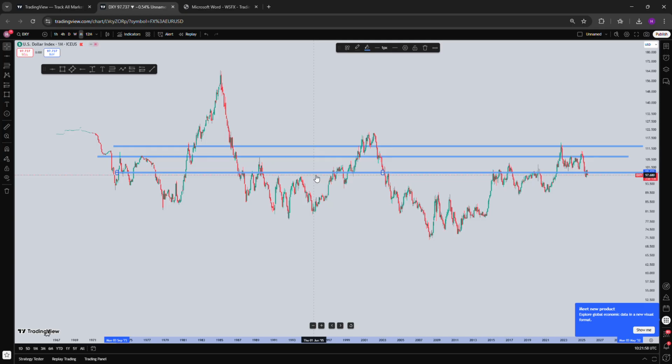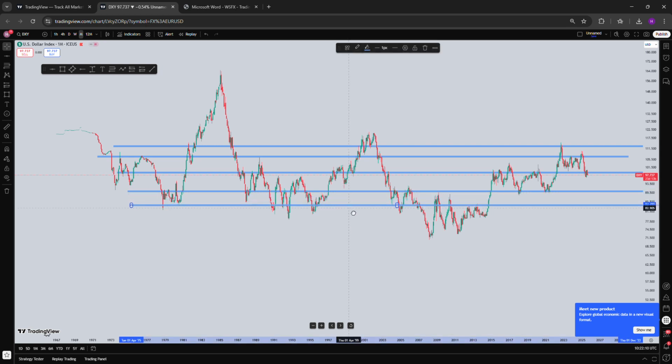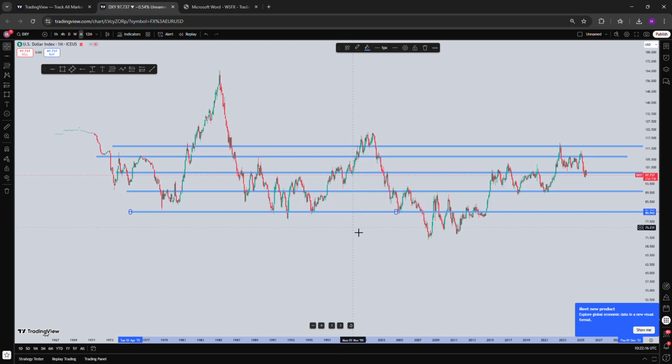Okay, good. This is another level. Another level can be here. Very good. Another level can be here. See, I'm just looking for the proper rejection zones.